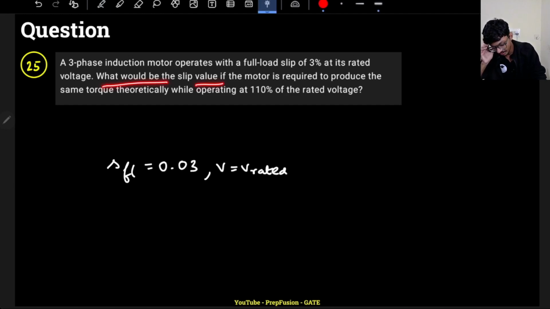What would be the slip value if the motor is required to produce the same torque theoretically while operating at 110% of the rated voltage? Okay, slip is very low.